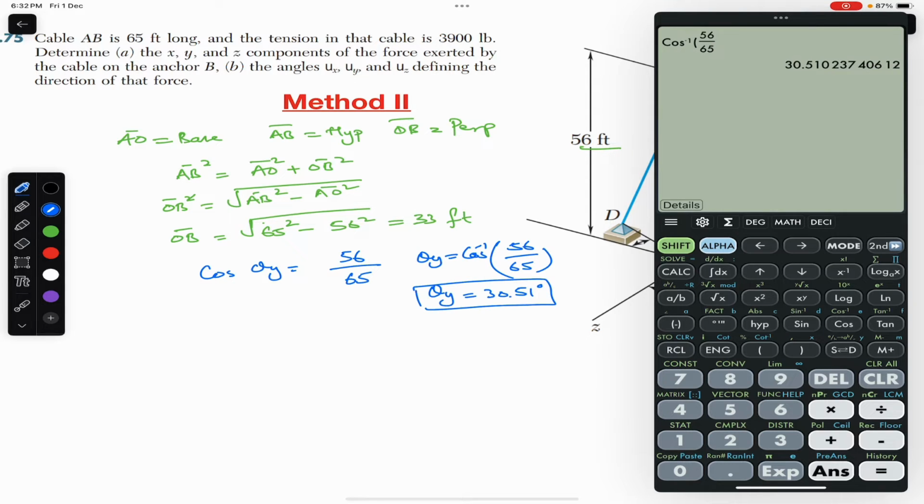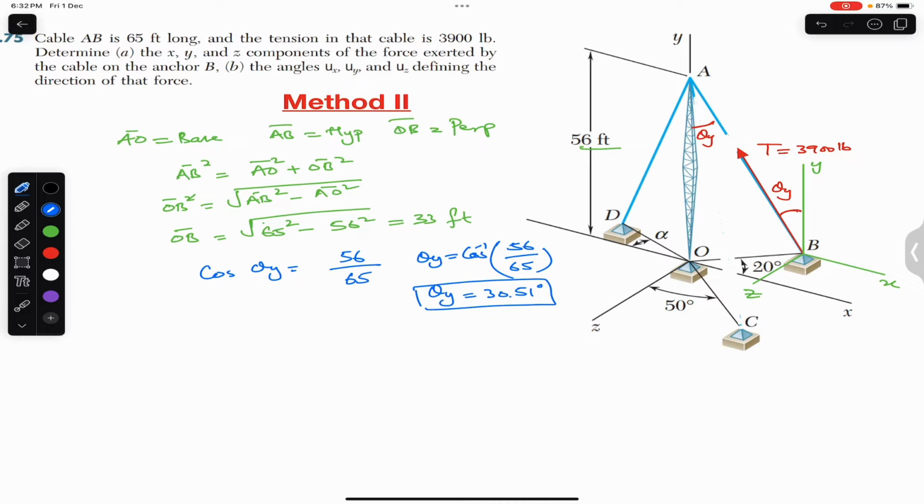Now once we have found OB, we can find the position vector, or we can find the unit vector that will define the direction of this tension along this AB cable.